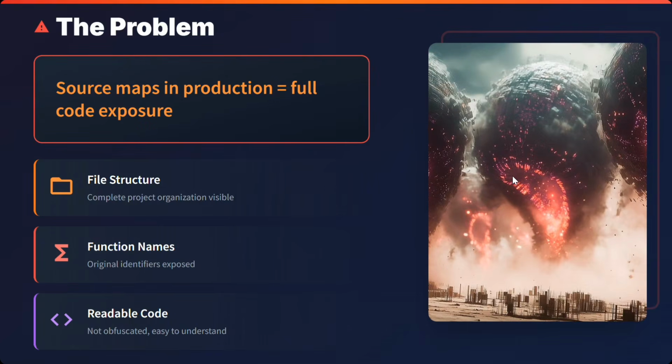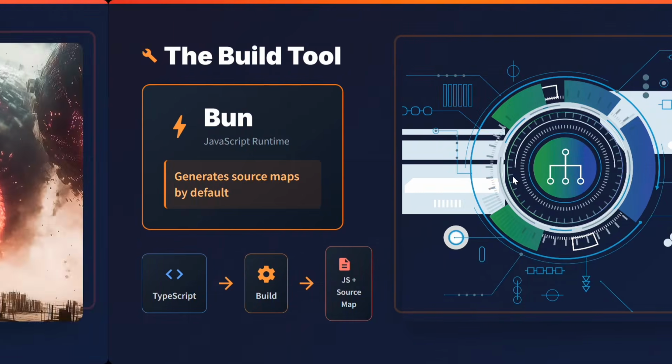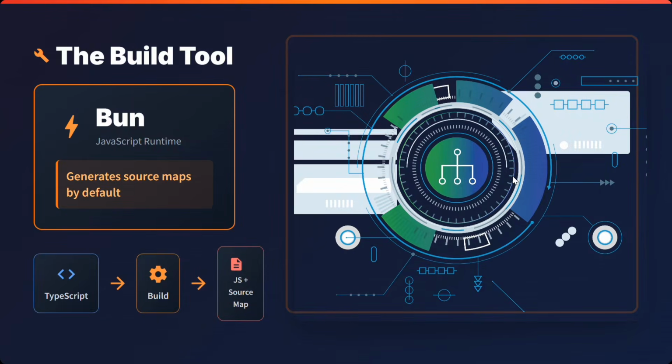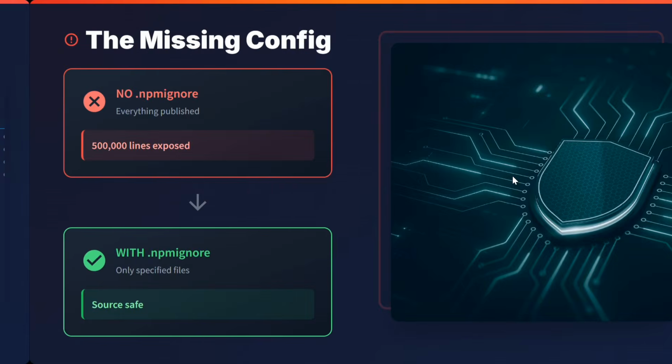It includes the file structure, function names, and readable code also. So nothing is hidden, everything gets exposed to the world with just one push. The build tool, a JavaScript runtime, generates source maps by default. So first of all, the code was in TypeScript, the build and JS plus source map are getting created, which got pushed to production, leading to this big leak.